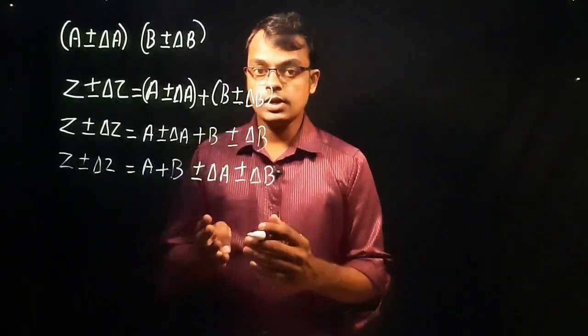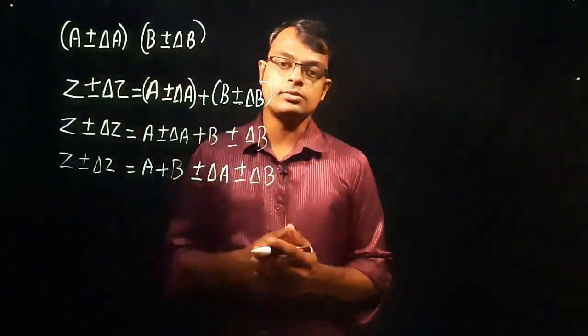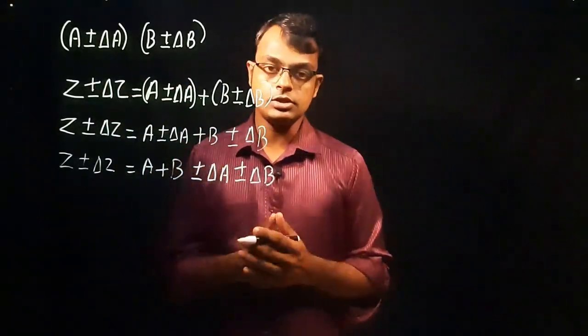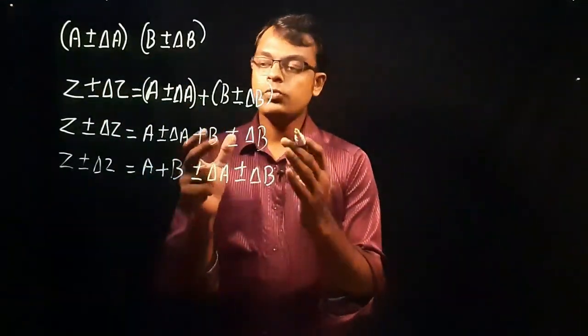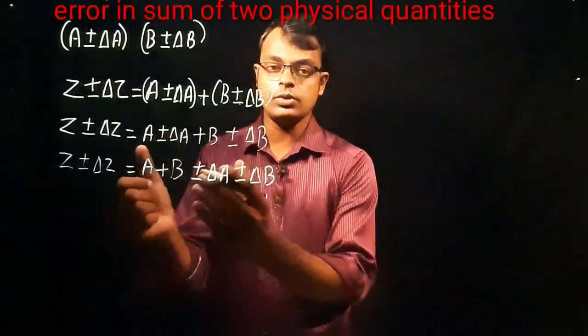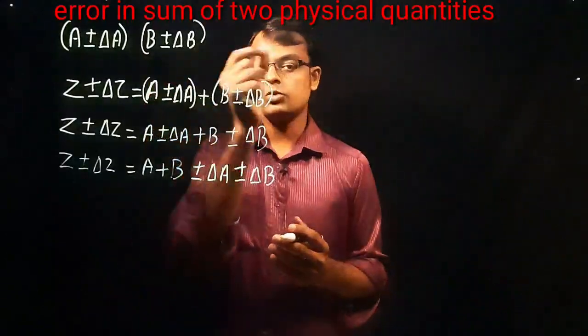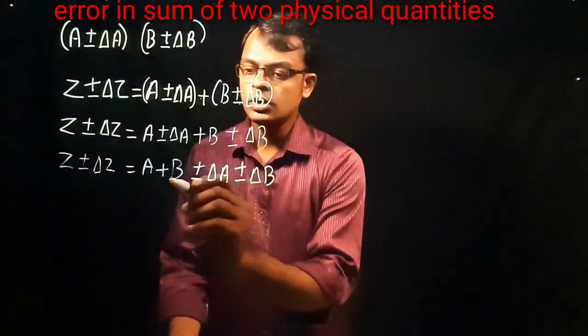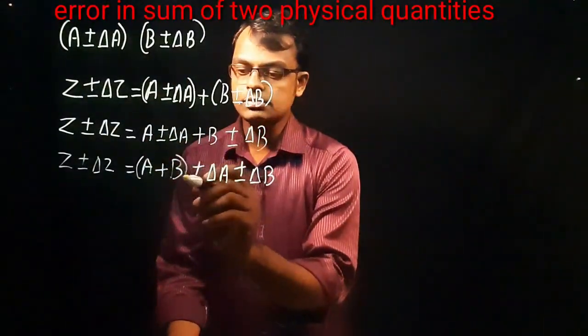Now what are we going to calculate? We are using the mathematical operation addition. In addition, how are we going to combine these errors in the final result? That's what we are going to learn here, error in the sum of two physical quantities. So here, what is A plus B?